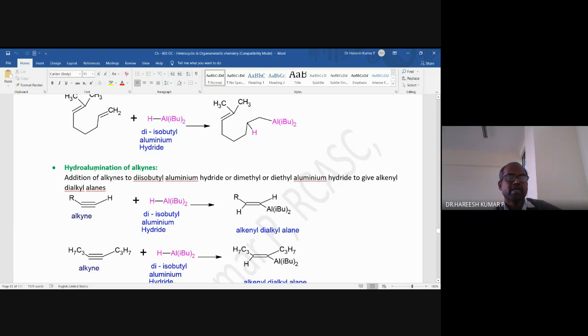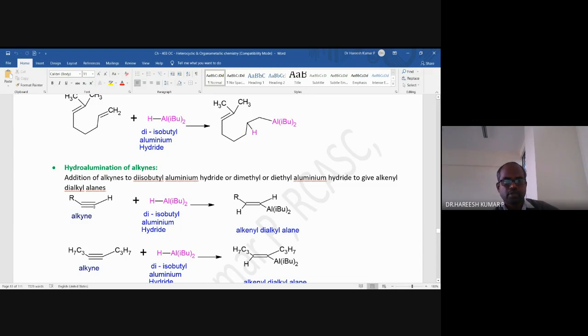That means hydro, H, as well as aluminum, both are added to a double or triple bond. So the above one is also hydroalumination of alkene, whereas this one is hydroalumination of alkynes, because the reactants are triple bond containing ones.